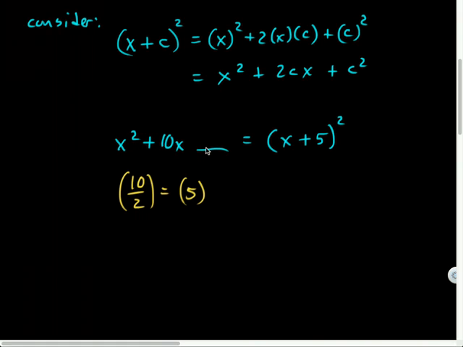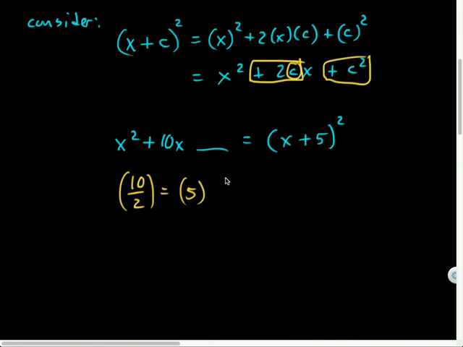Let's look at how I could go from this coefficient to this constant, because the 2c would be my 10 here. So if I divide 10 by 2 and get 5, I just found out what c is equal to.